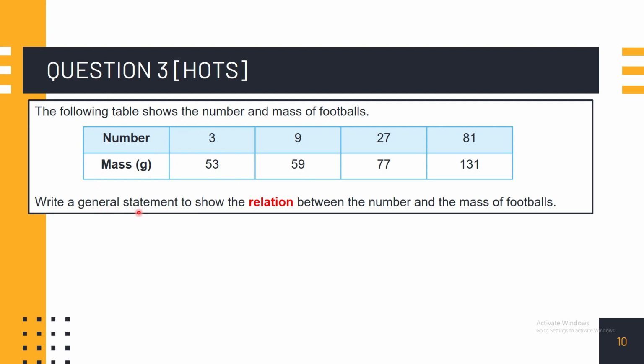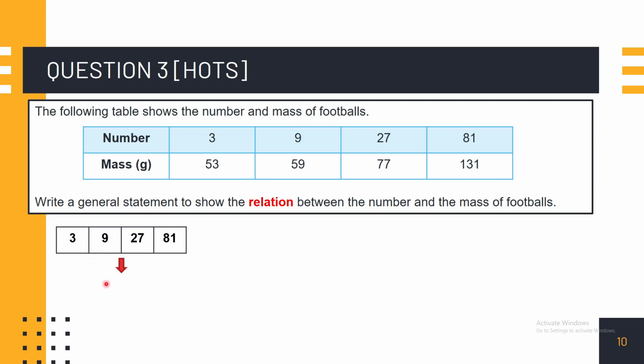For a general statement, we cannot use the tricks that we learned before, because why? If we look here, the d is not the same for each of these gaps. 9 minus 3 you will get 6, and then 27 minus 9 you will get another value. It's not the same. Then we cannot use the trick.